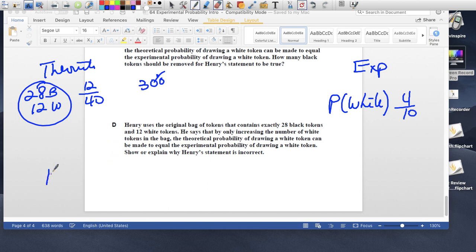So if you made this 16, which is 40% of 40, 16 white, I'm going to increase this plus 4 and this minus 4, right? So 4 plus 12 is 16, and 28 minus 4 is 24. I still have 40 tokens in total, but now I have 16 divided by 24, which is 67%, which is not gonna help.